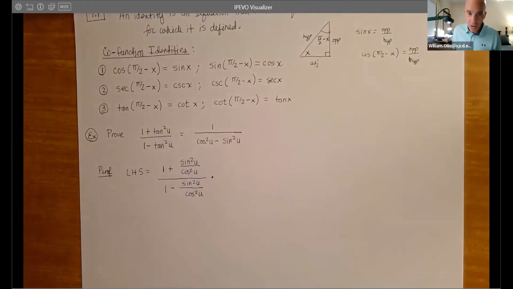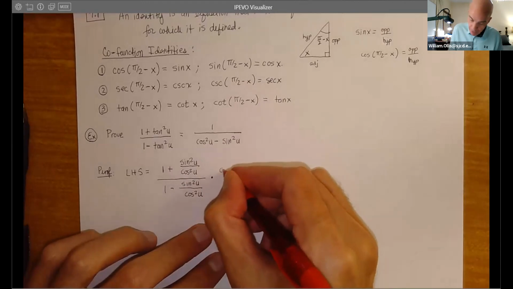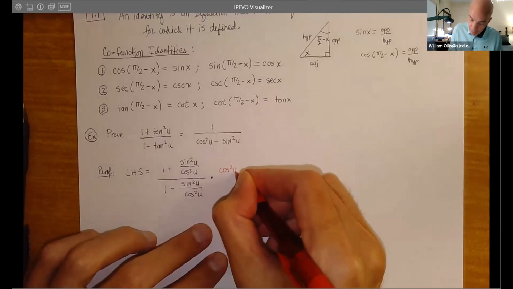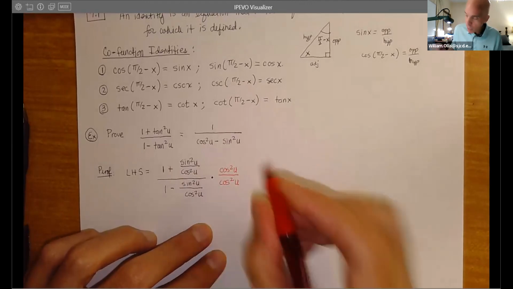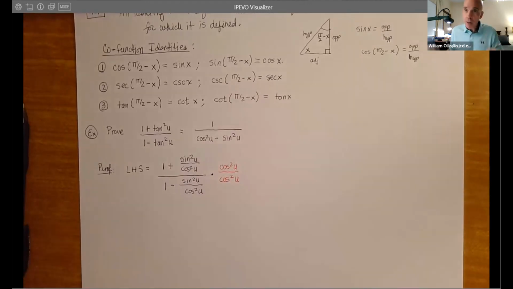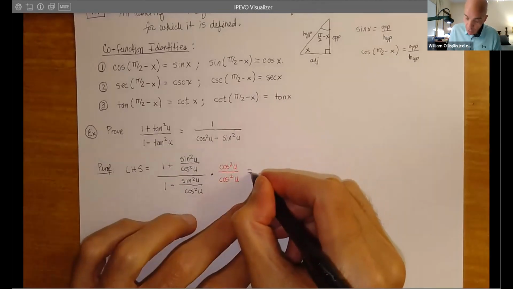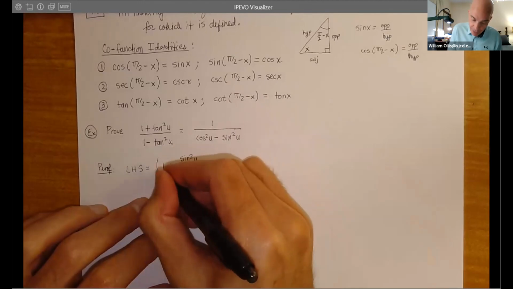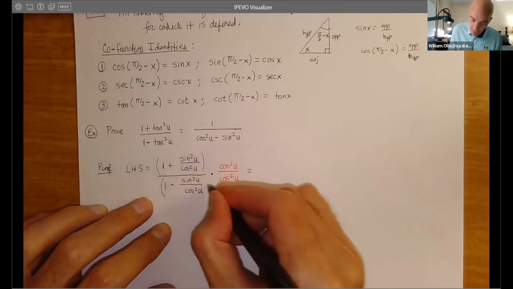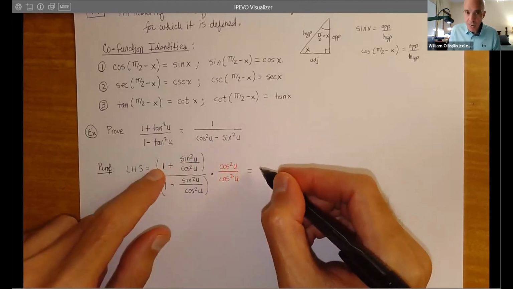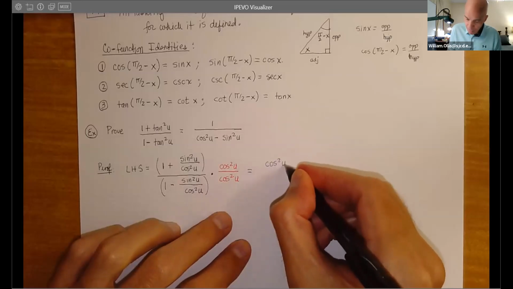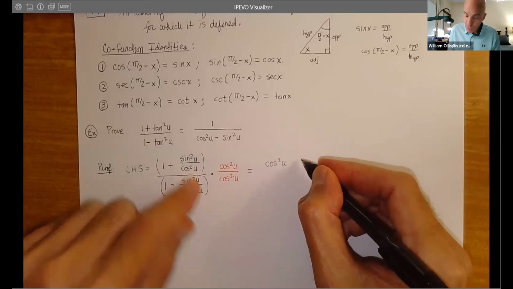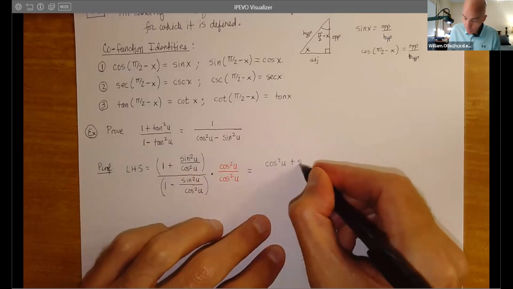So if you like, you can write this in another color. Cosine squared divided by cosine squared, which is just, as I call that, a convenient 1. That's a common technique that we use in mathematics. So I'm going to multiply by 1, but that's going to be convenient. So now when I multiply by cosine squared in the numerator, I get cosine squared. But then, of course, the cosine squared is absorbed here, and I just get a sine squared.